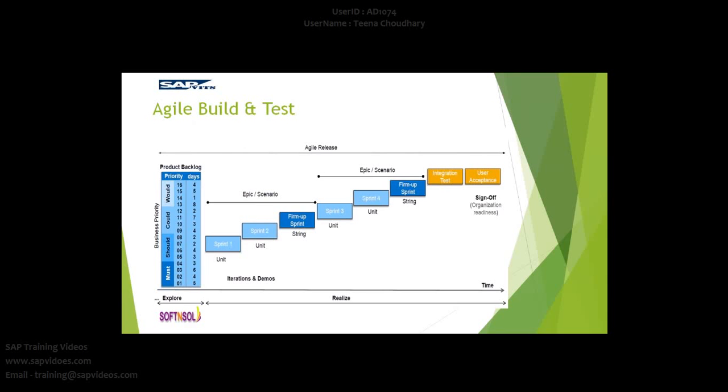As an SD consultant, what can I expect from these classes? What more SD content will be covered here, or some MM topics? Okay, so as I told you, basically there are changes in three key enablers.